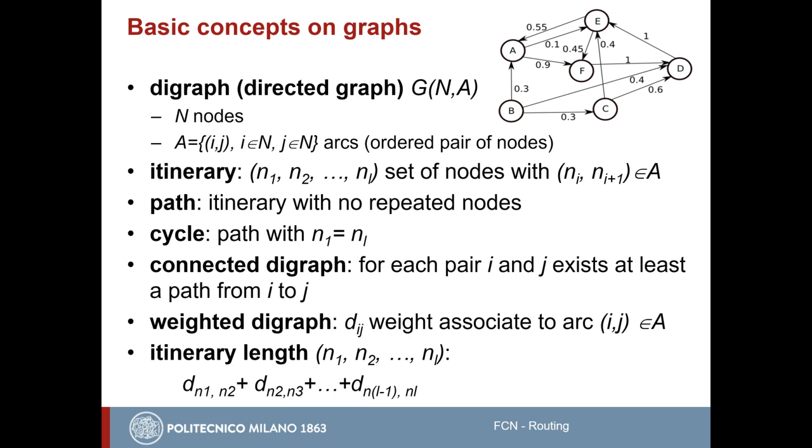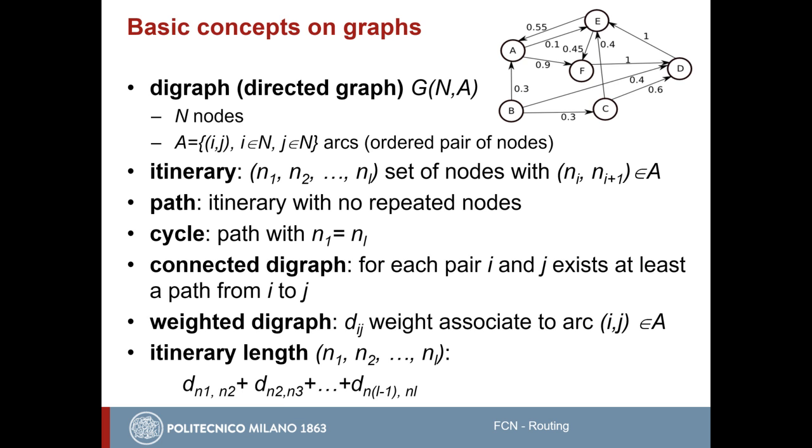When the itinerary has no repeated nodes, it is called a path, and we are interested in paths. And a cycle is a path where the starting node is coincident with the last node, but we are not interested in cycles. Actually, we want to avoid cycles.